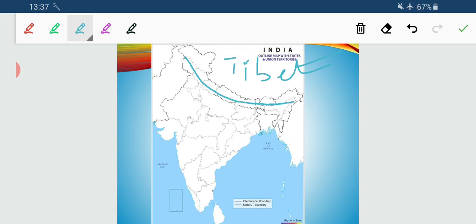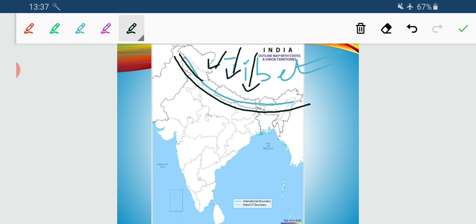So how does altitude influence India's climate? Due to the Himalayan mountain, due to this mountainous structure, the cold winds blowing from the Tibetan part are being blocked by this Himalayan range.